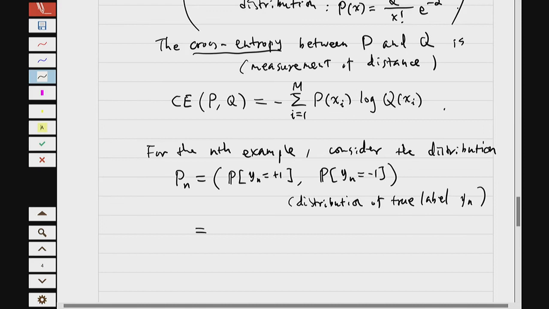But what is this equal to, though? Depends. We're already given those data points. We already know yn. yn actually is deterministic right now. But we have to force ourselves to write this as a distribution so that we can use the cross entropy. So there are only two cases: yn is +1, or yn is -1. In these two cases, what is the distribution?